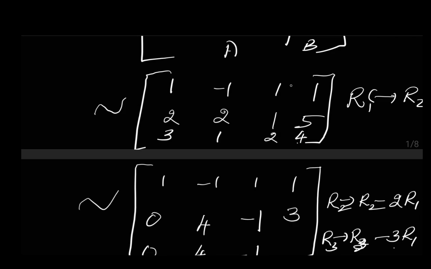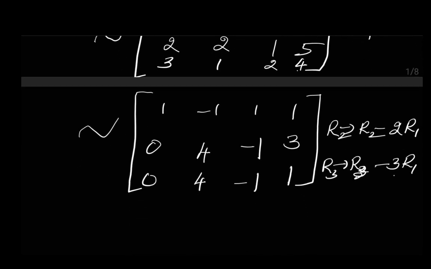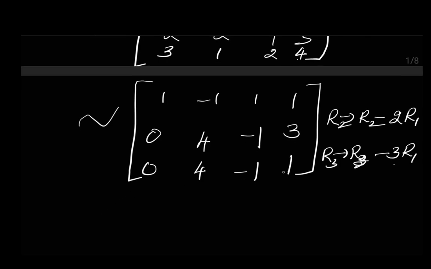Then 4 minus 3 is 1. So this is the resulting matrix after that elementary transformation.